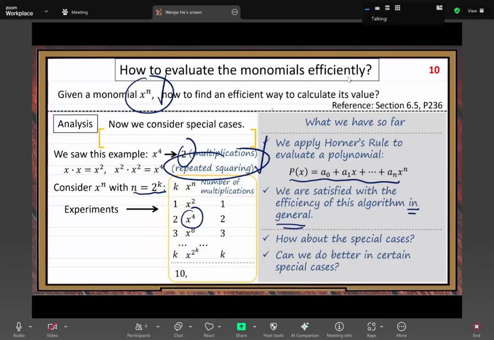When k equals 10, the monomial becomes x to the power of 2 to the 10th. 2 to the 10th equals 1024. So when we calculate x to the 1024, you need 10 multiplications, right? 10 multiplications.